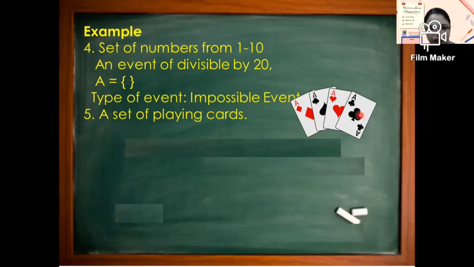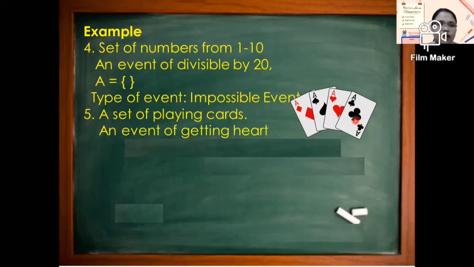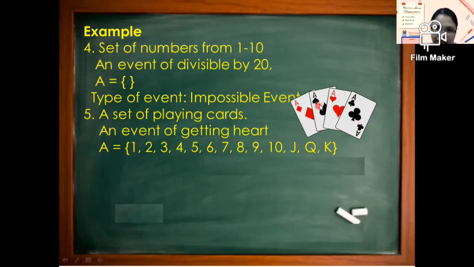So, isang set of cards, meron tayong 52 cards. Okay? 13 ang diamonds, 13 ang spade, 13 ang heart, at 13 ang clubs. So, an event daw po of getting heart. Ilan ba ang ating heart sa deck of cards? So, ang ating event is, yung 1 stands for the ace.